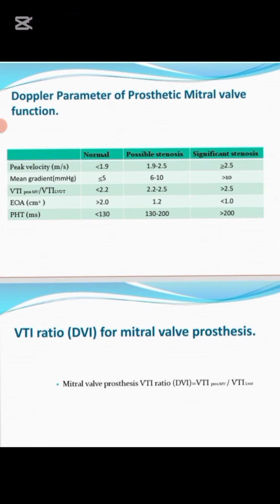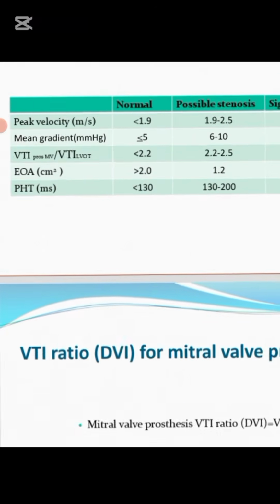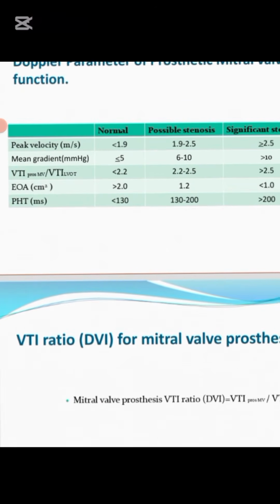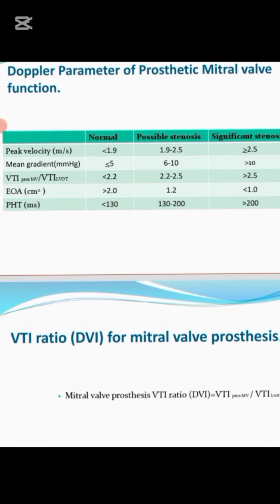The VTI ratio, or we call it DVI, is the prosthetic mitral valve VTI divided by the VTI of the LVOT. Less than 2.2 is normal and greater than 2.5 is significant stenosis.